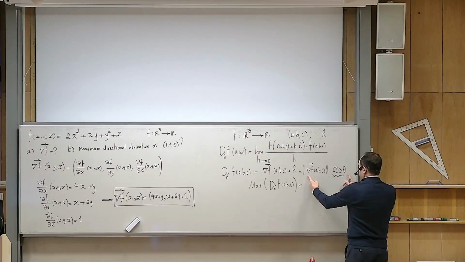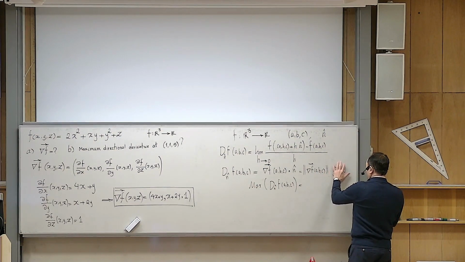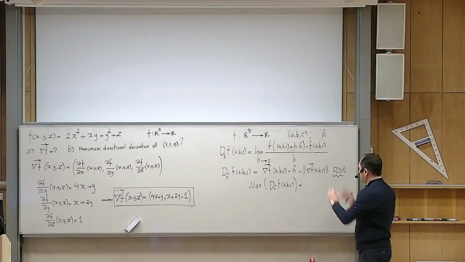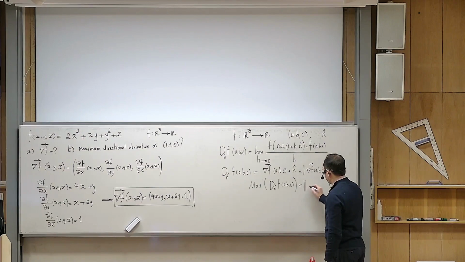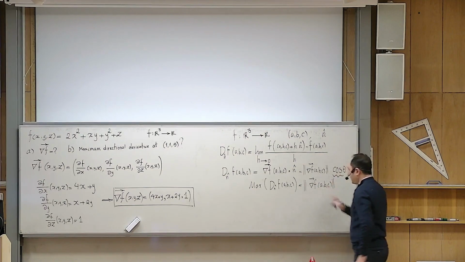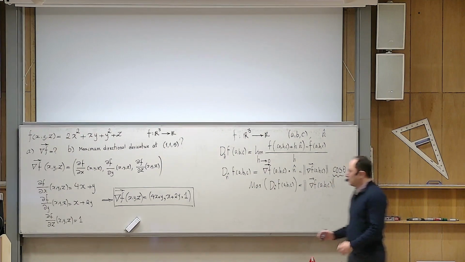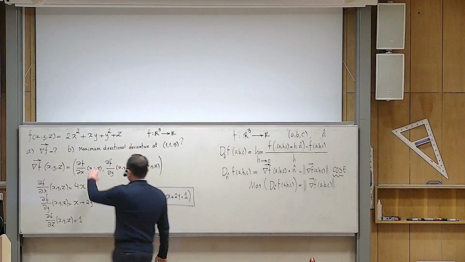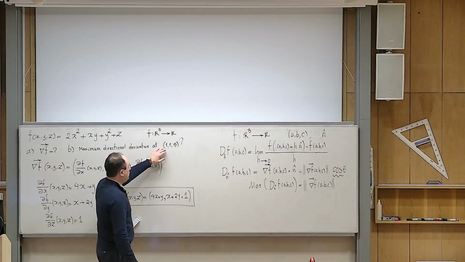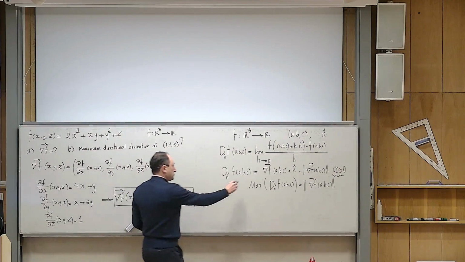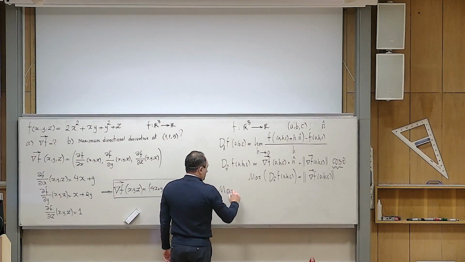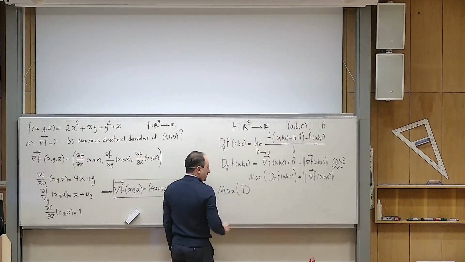But maximizing this quantity means having cosine theta equal to 1. So then if this is 1, the maximum value is just simply the norm of the gradient function calculated at that point. So here I want to maximize my directional derivative when the point chosen is 1, 1, 1, and 5. So this means that I am more interested in answering this question.